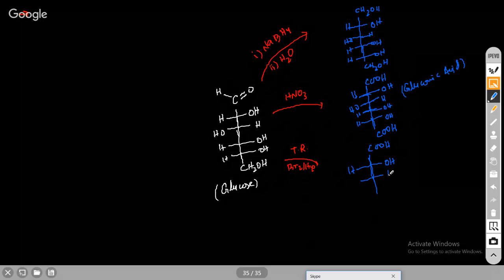OH, H, H, OH, CH2OH. The name of this compound is glucaric acid. It is gluconic, it is glucaric.